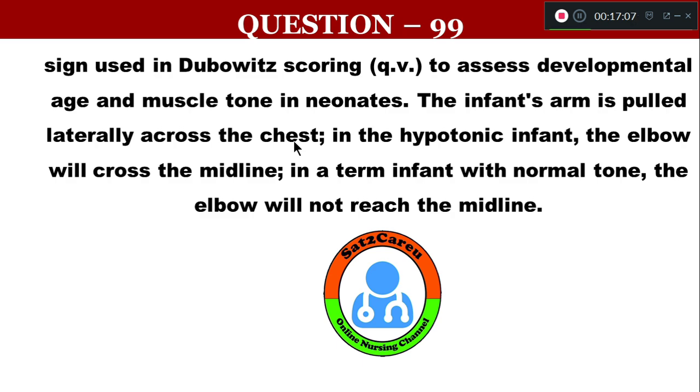To assess the developmental age and muscle tone in neonates, the infant's arm is pulled laterally across the chest. In the hypotonic infant, the elbow will cross the midline. In a term infant with a normal tone, the elbow will not reach the midline. So that is the assessment for scarf sign.